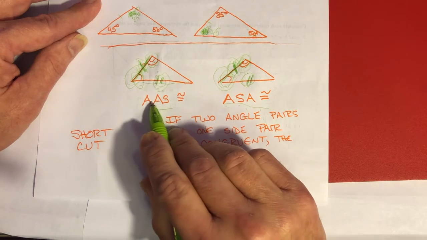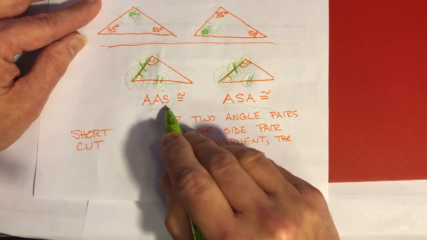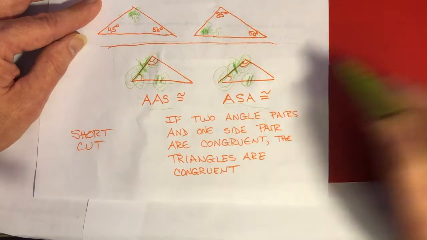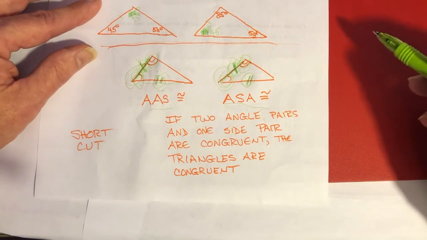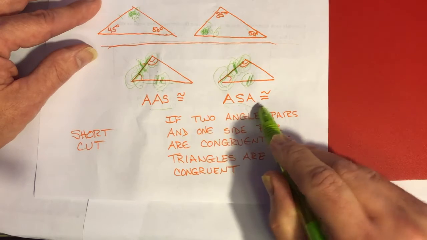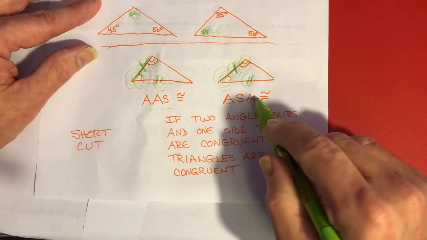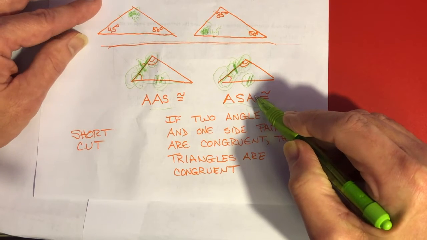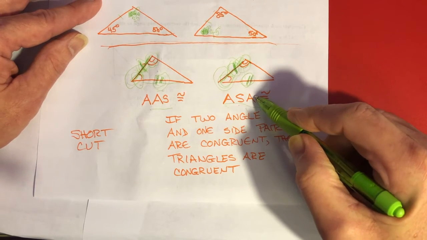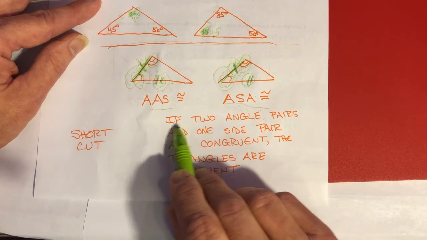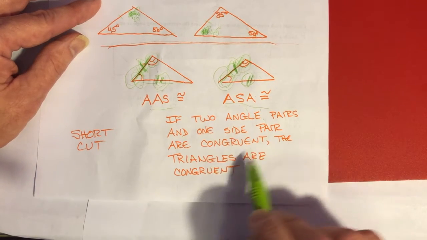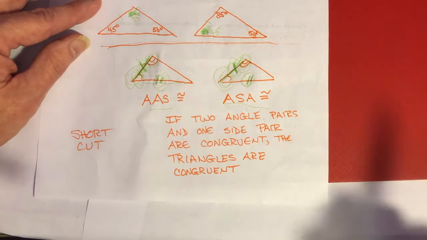And the letters tell it as well. Is the side between the two angles? Not here, but yes, here. So that's how you write the reason, the shortcut that you used to find out that the two triangles are congruent. In words, it's if two angle pairs and one side pair are congruent, the triangles are congruent.